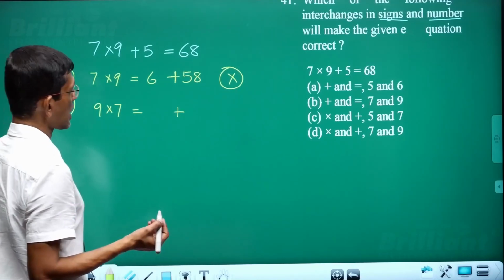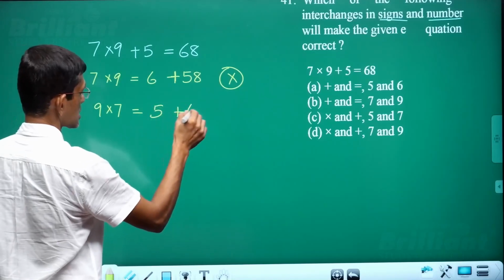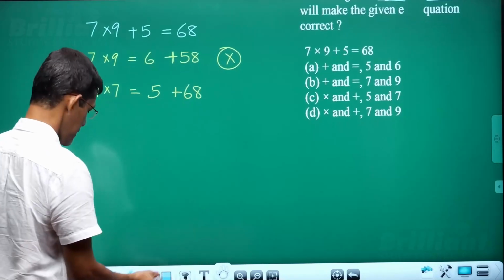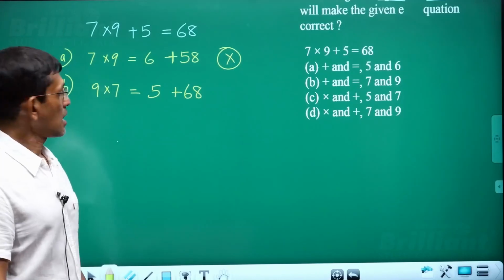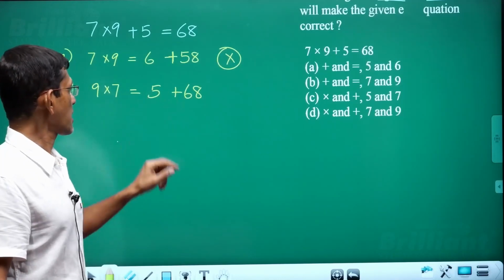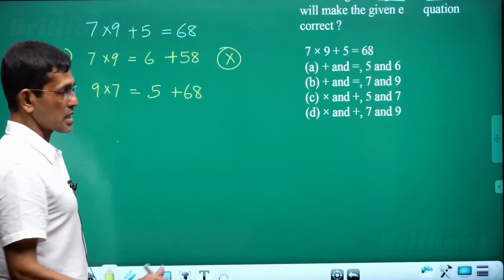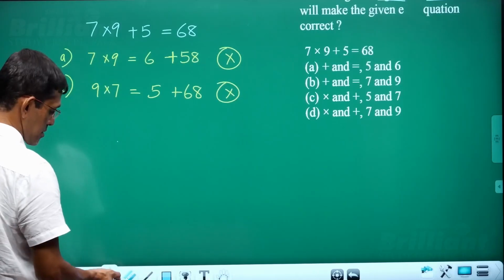And 5 and 68 stay exactly as they are. Now look at it. What do you get? 9 into 7, 63, right? And 68 plus 5, that is 73. So 63 is equal to 73. Doesn't work.